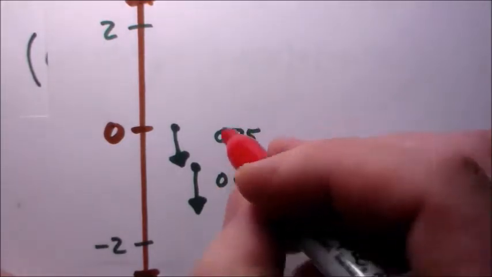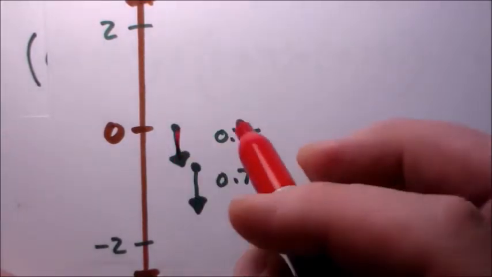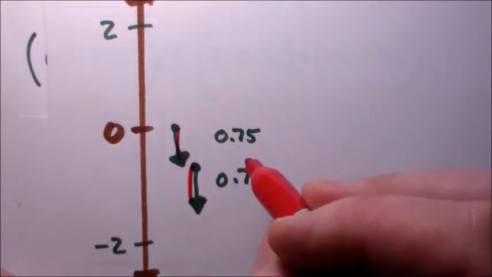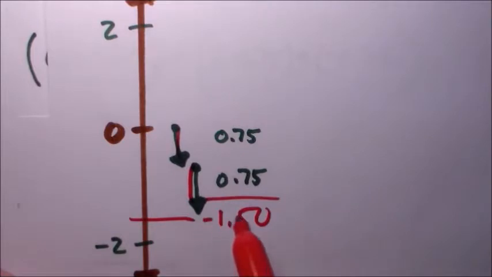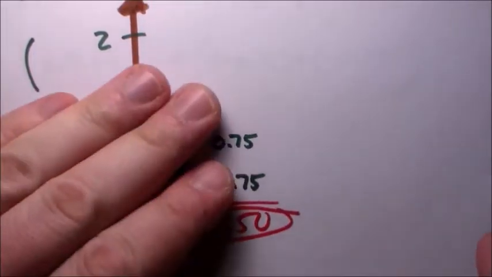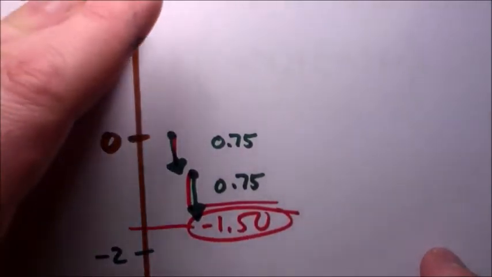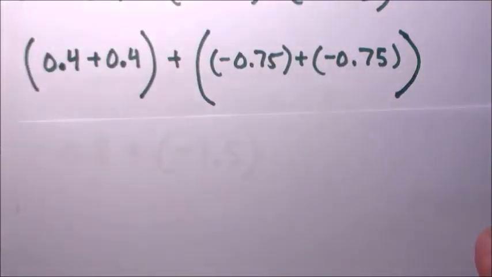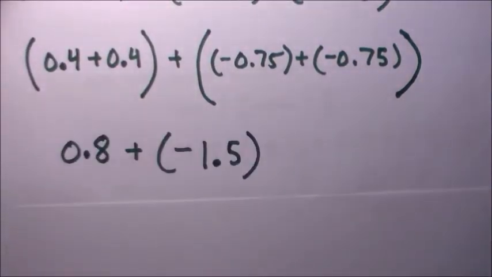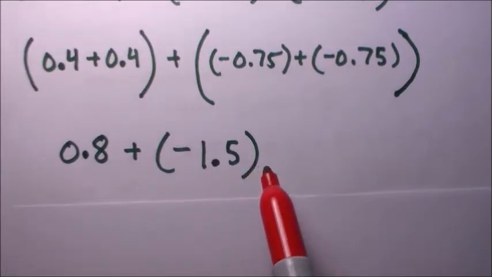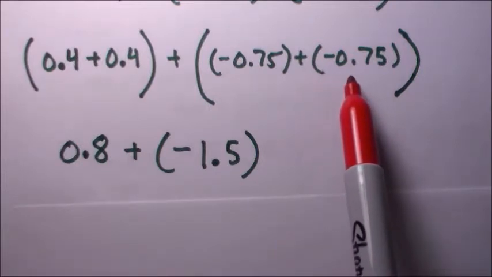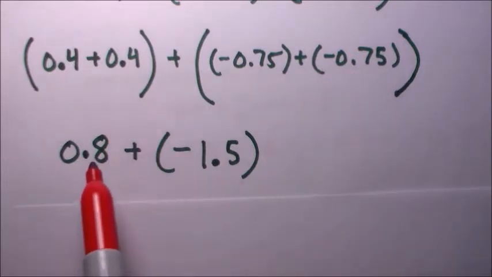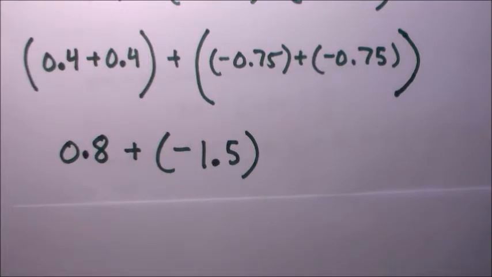So you add them together, and where you'll end up on the number line is negative 1.50. You add them together and carry forward the negative sign, and you will get negative 1.5 for negative 0.75 plus negative 0.75, and you'll get 0.8 for 0.4 plus 0.4. Wow, we still have a lot of work to do.